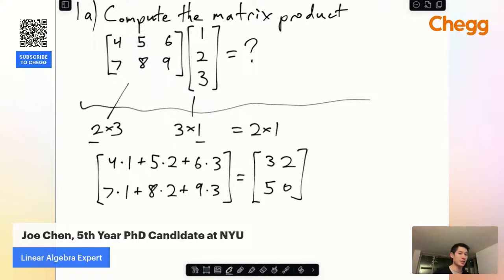So that's an example of how to do matrix multiplication. Fairly straightforward, we just need to remember this formula. To get the first row, we take this first row here and multiply it one by one with the entries here.